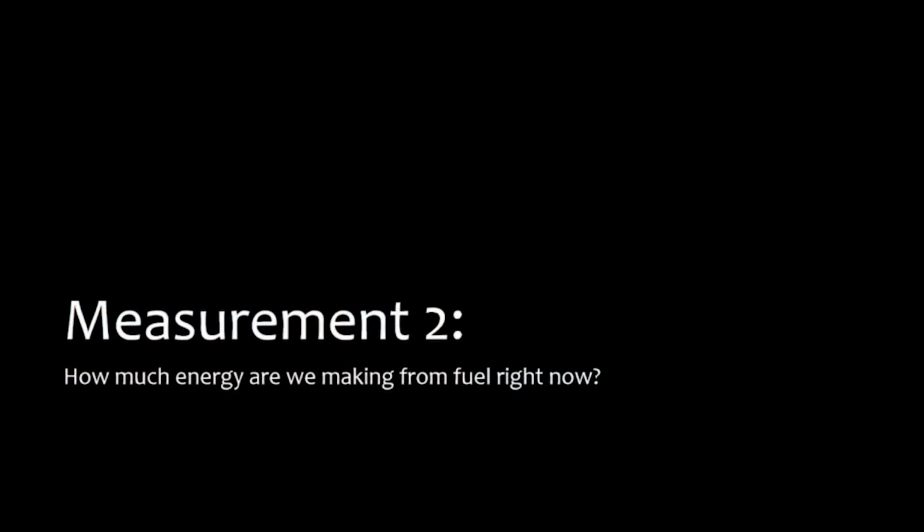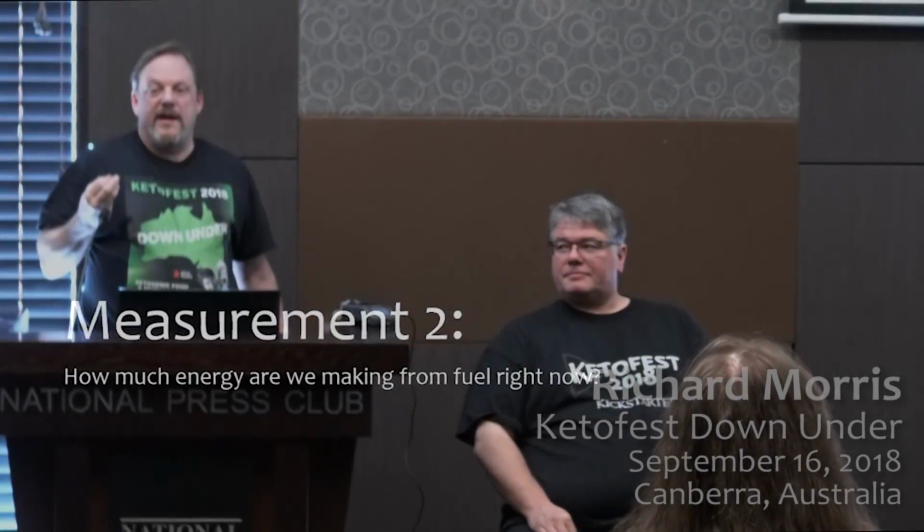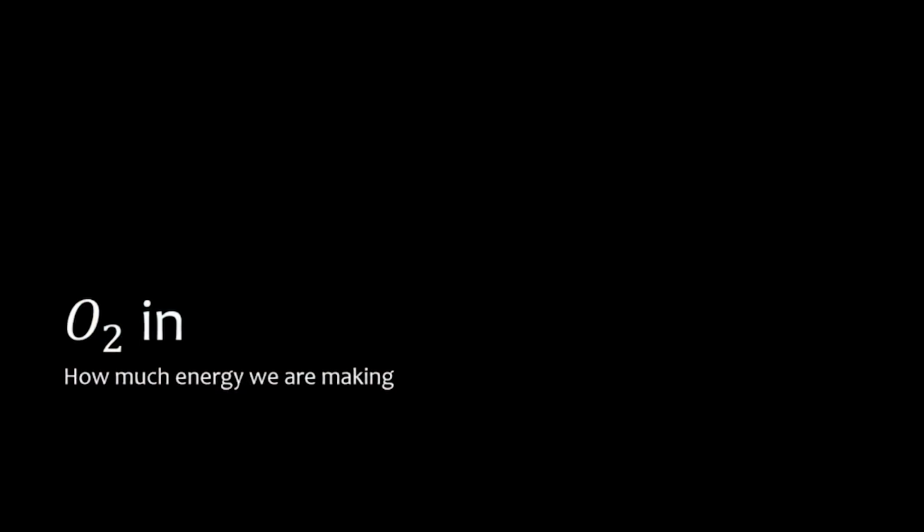Okay, the next measurement is how much energy are we making from fuel right now? We're going to know Carl's metabolic rate when he's sitting there right now based on how much oxygen he's using. How much oxygen you're using will tell us how much energy we're producing, and I think the RQ is used for that formula as well.